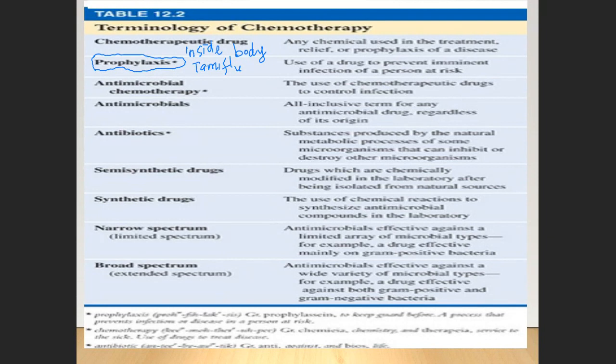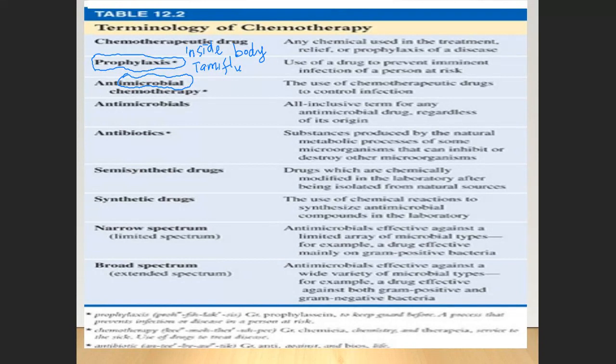Antimicrobial chemotherapy is a general term for any drugs that we use for microbes. This is not for a special type of disease. This is the terminology for drugs used for microbes, especially pathogenic microbes.